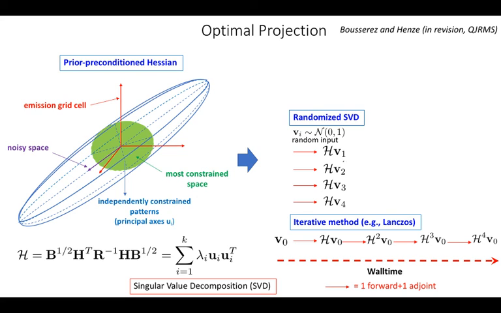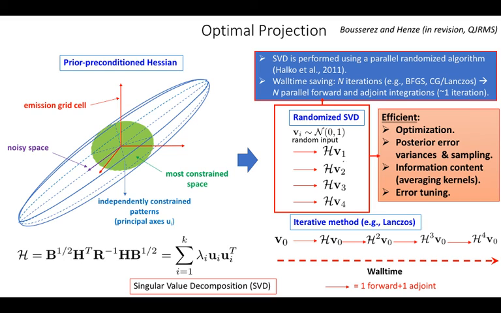Now we can use a newly developed randomized SVD algorithm where we fully parallelize the process. Instead we run parallel independent integrations starting from random vectors. So if you look at n singular vectors, for instance, you need n iterations for the former approach, the iterative method, and now you can divide the computational cost by n, basically.